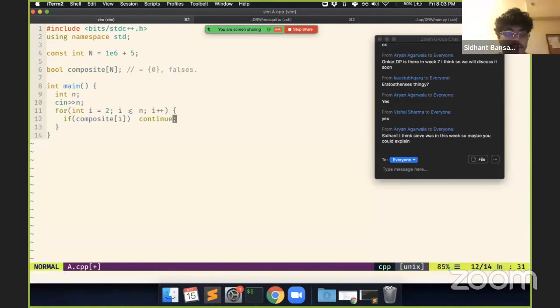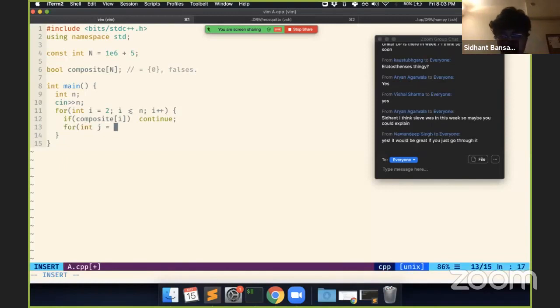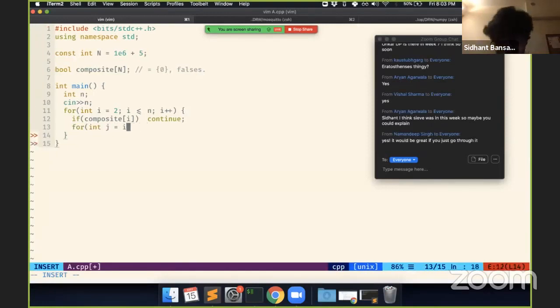Then you go through each number, and if the number is composite, you skip it. Let's say you start with i equal to 2. Otherwise, you pick it. I'll go through this since people are saying that we need to go through this.